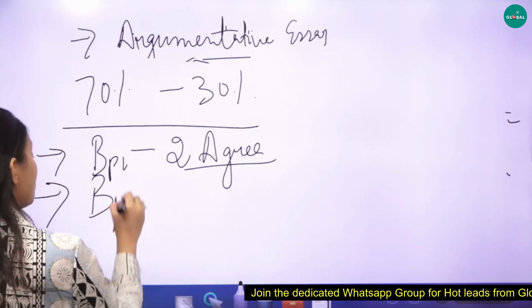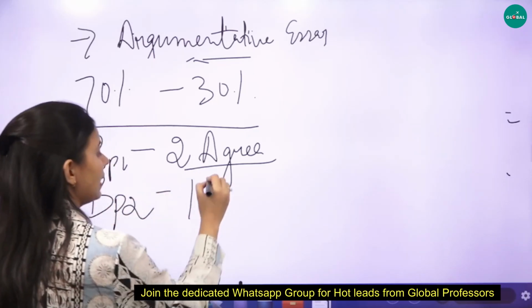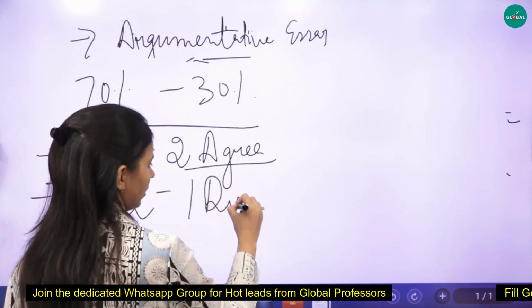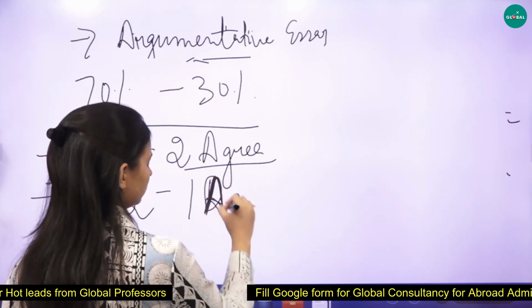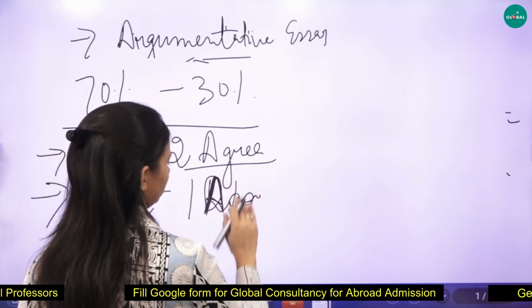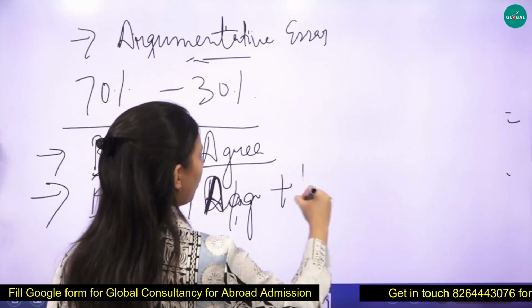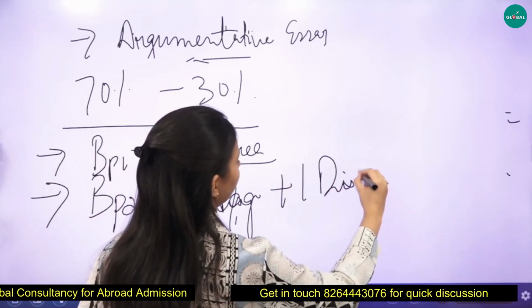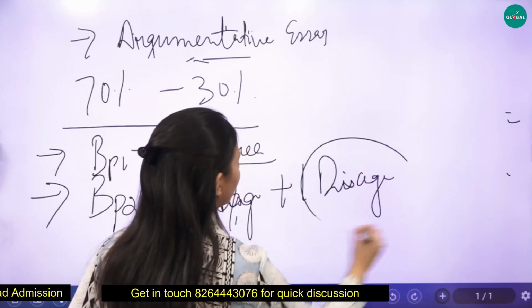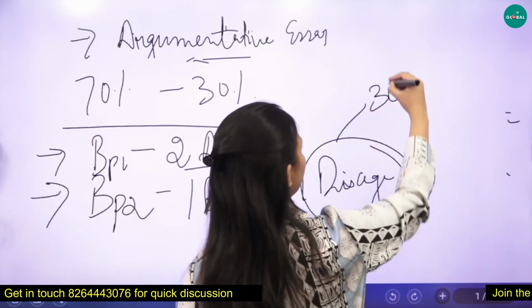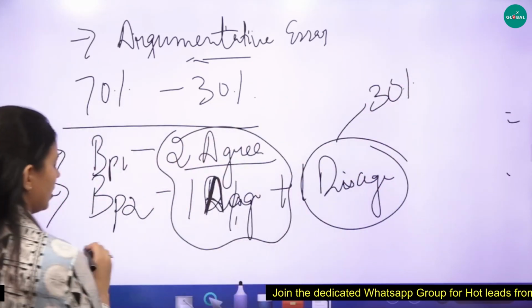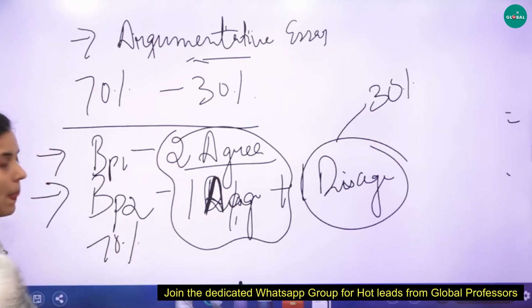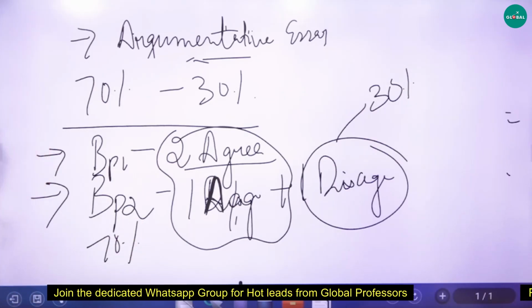Now you are 30% disagree. So one idea of disagreement, sorry, one idea of agreement plus one disagreement. This is 30% and this is 70%. That is how you need to write.